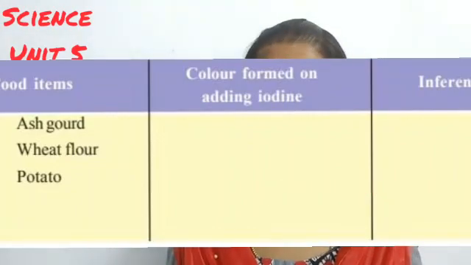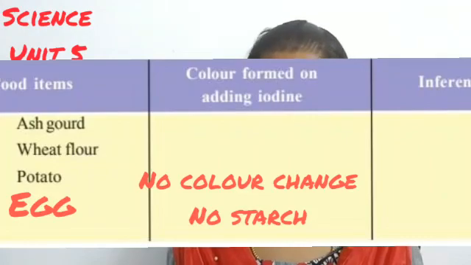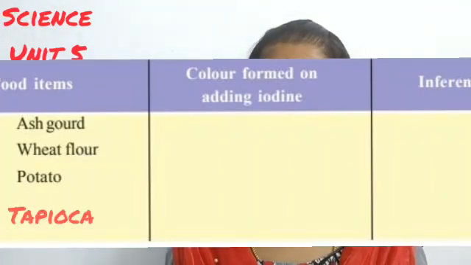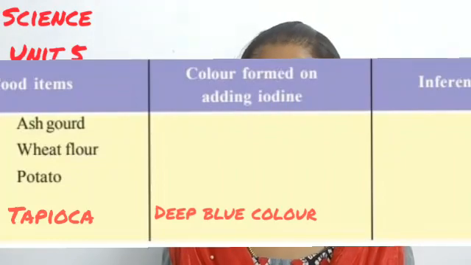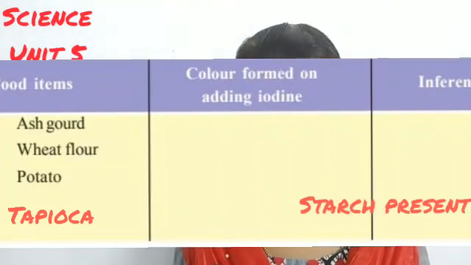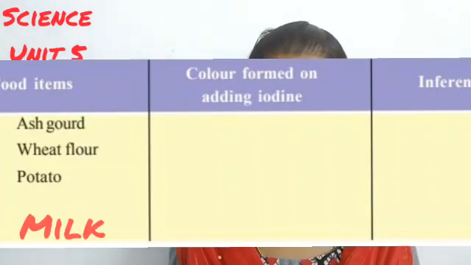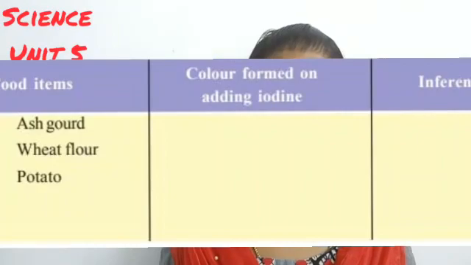Egg, no color change. So no starch is present. Egg contains proteins. Tapioca is another one which contains a high content of carbohydrates. So deep blue color and presence of starch. Milk, no color change and no starch.